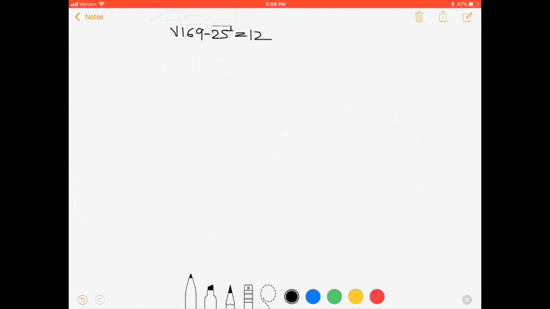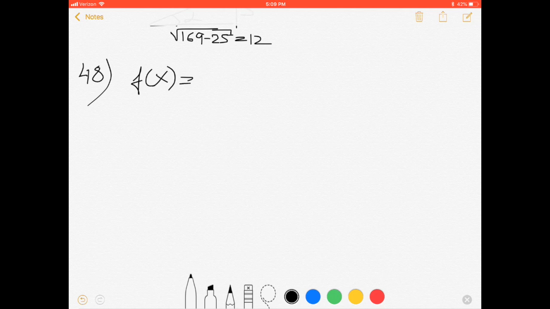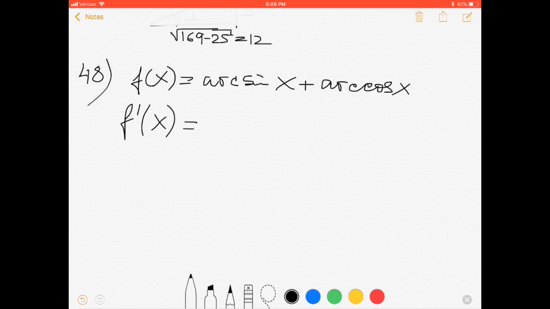Okay. I think I'll show you 3 more questions similar to your homework. Number 48. Here we need to find the derivative of the function f(x) equals arcsine x plus arccosine x. The derivative of arcsine is 1 over square root of 1 minus x squared.